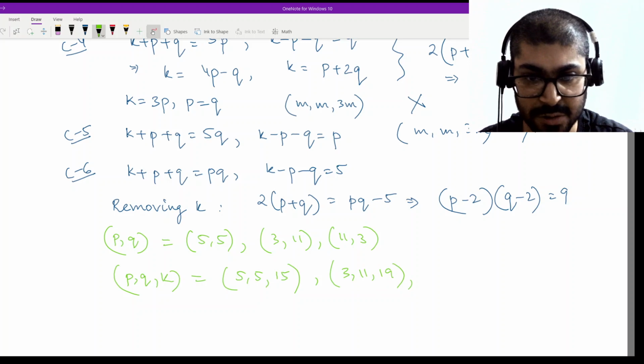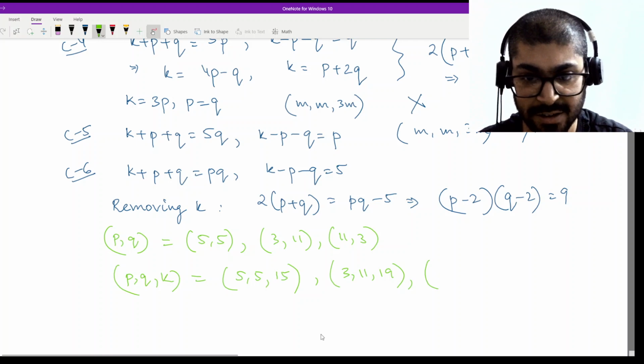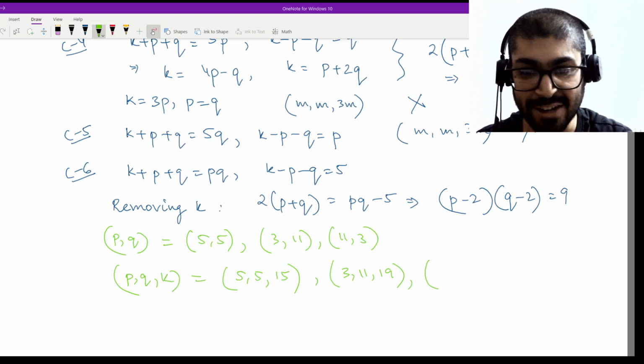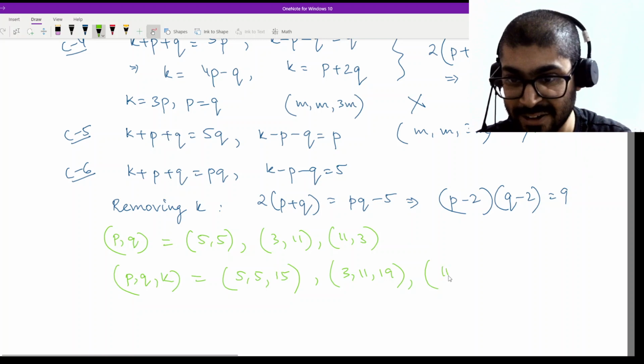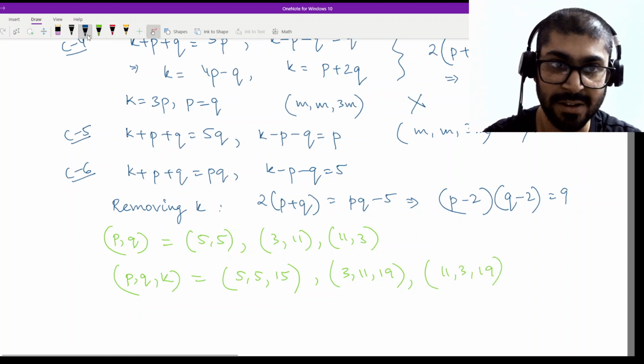That is a solution. Or we can have the last case. I'm sorry, instead of 3, 11, 19, we'll obtain 11, 3, 19. Now how many of these cases are acceptable to us?